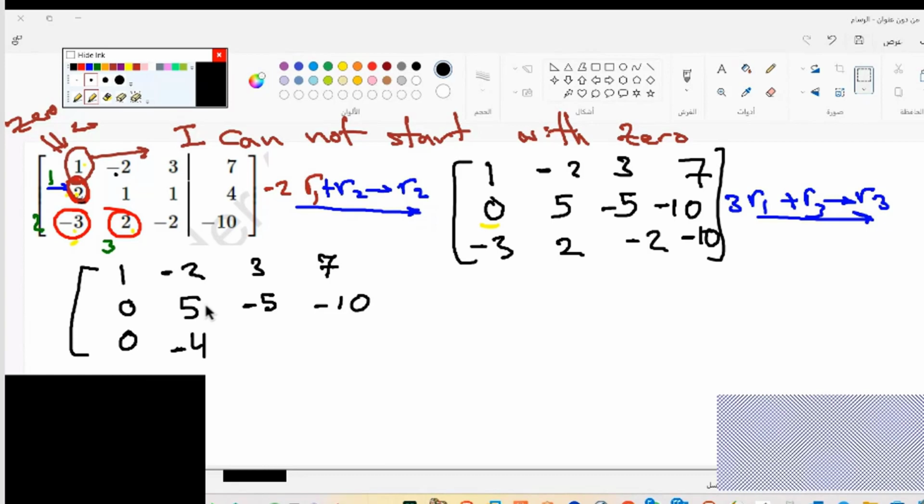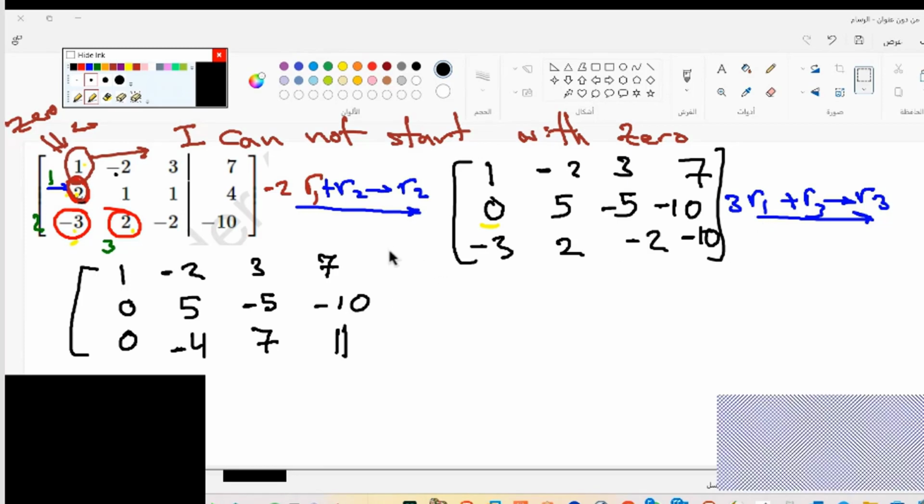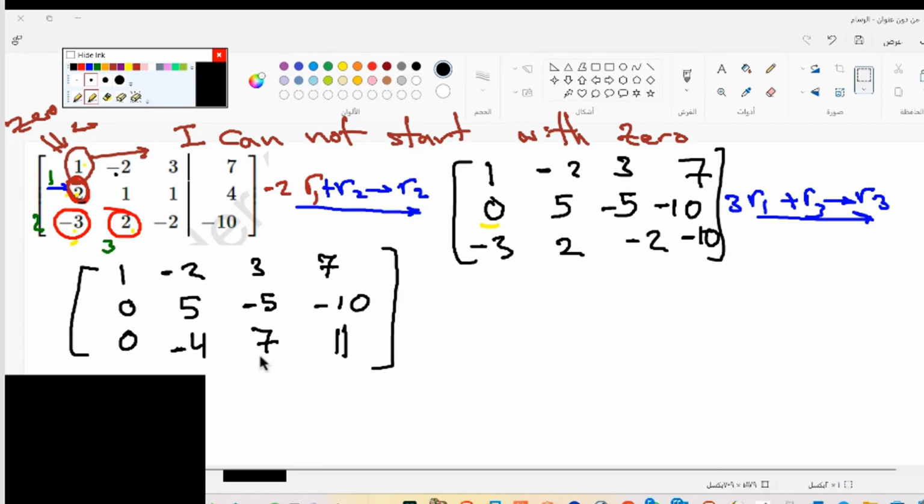Now 3 with 3, it is 9, 9 with minus 2, it is 7. 3 with 7, it's 21, 21 minus 10, it is 11, correct? Yes. Now we close.